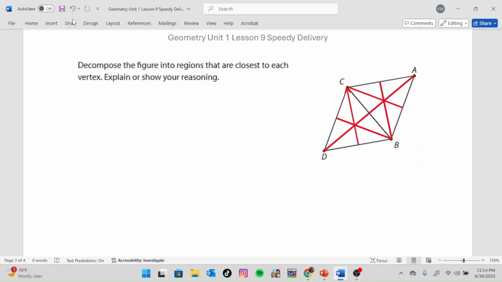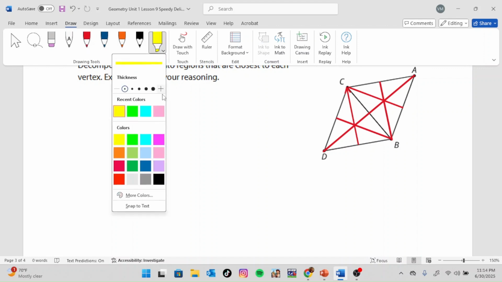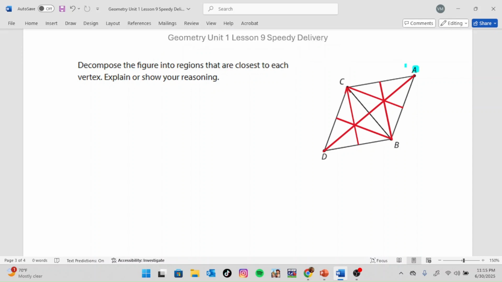Now I just have to shade in what goes with what. So, for point A, I'm going to shade in blue.